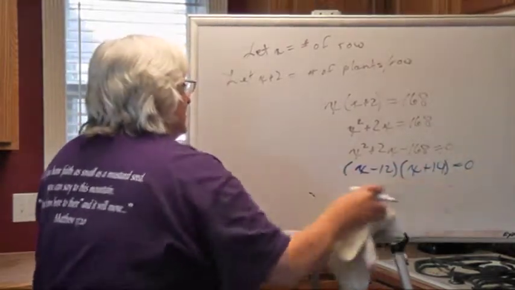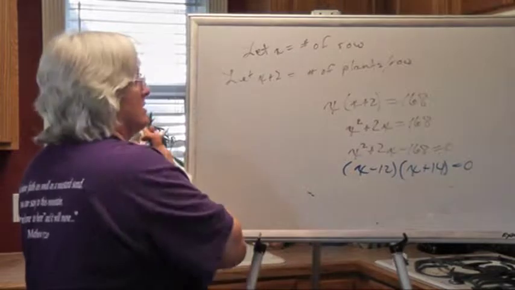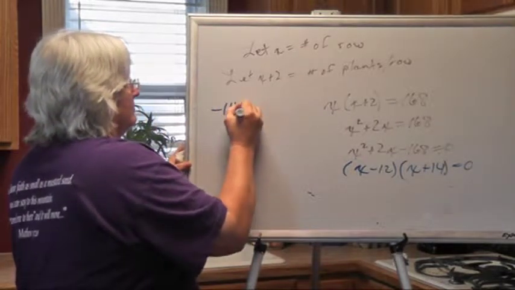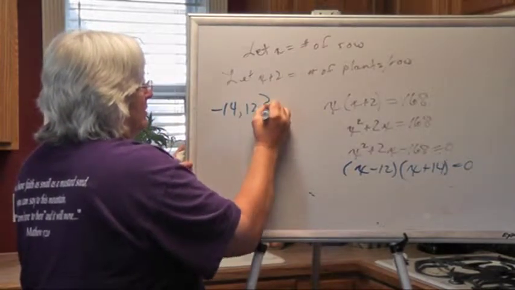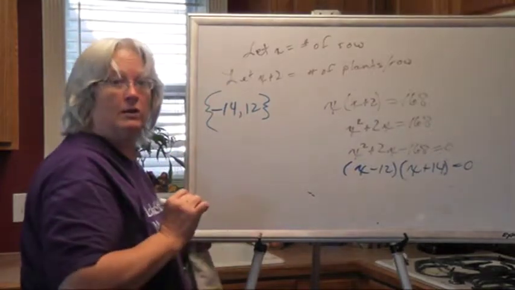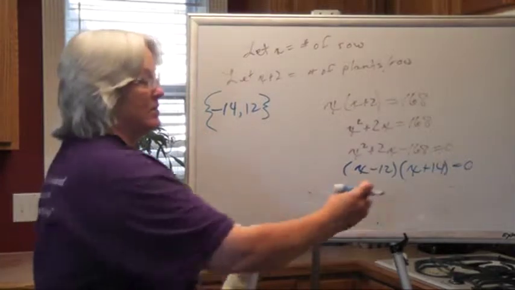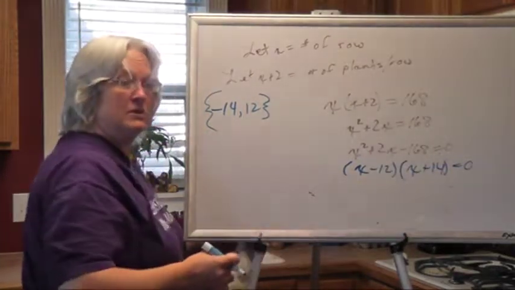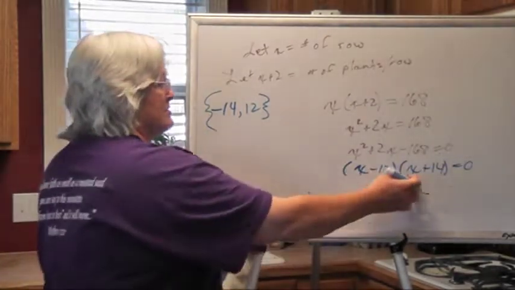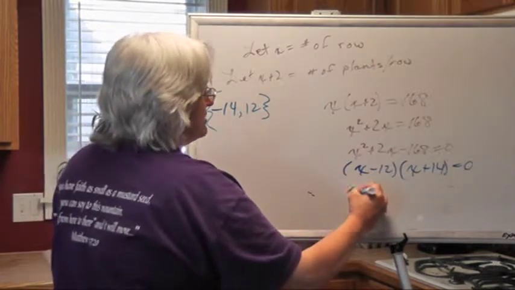You already see that our possible choices are negative 14 and 12. We have our solution set. Well, how did I figure that out? I'm using my zero product property. A product set equal to 0 is always going to be 0 if one of the factors is 0.